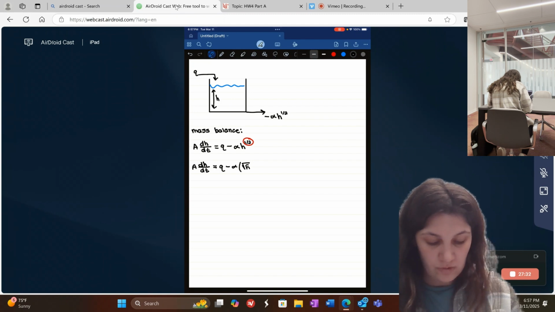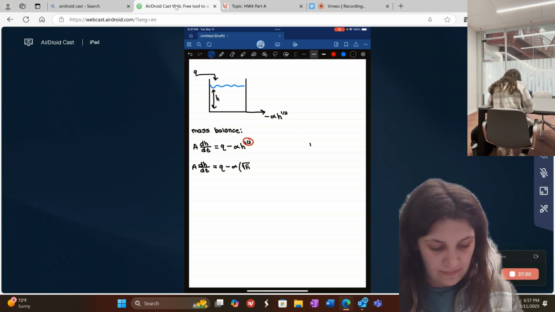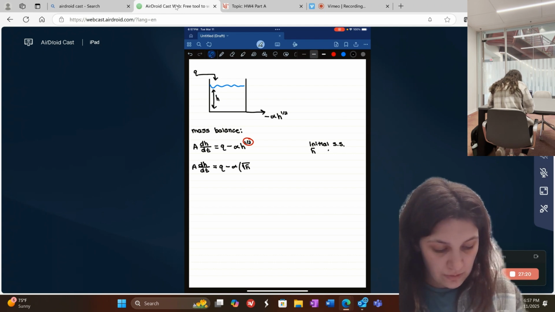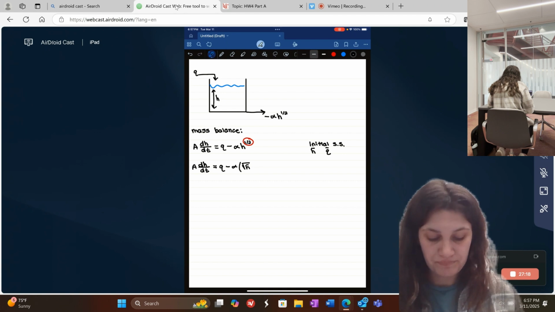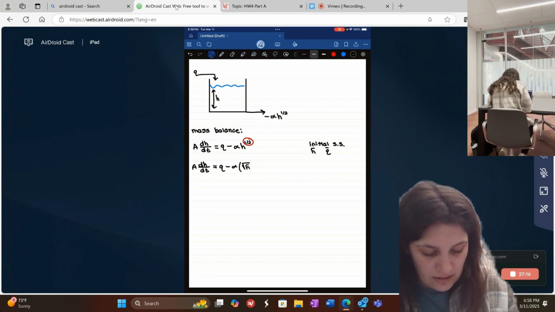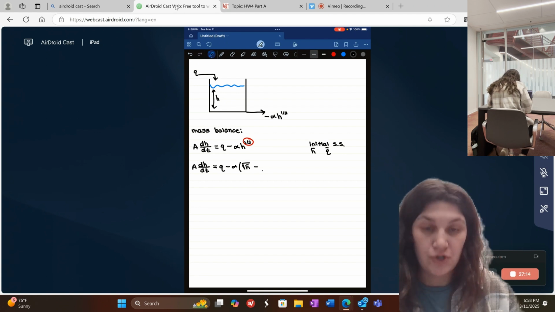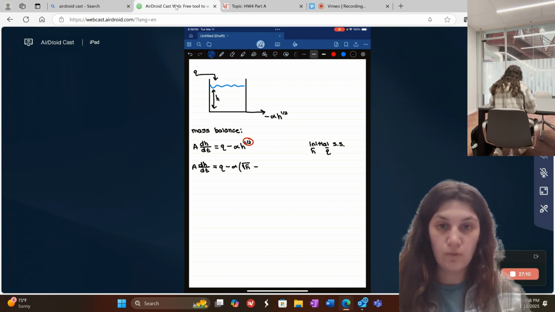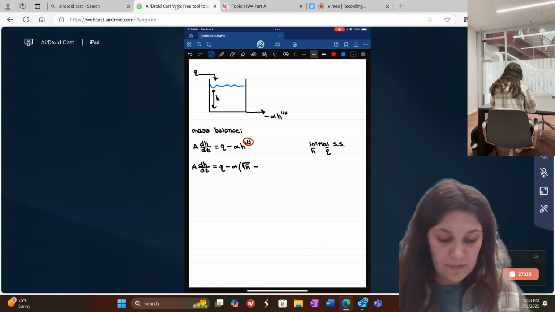And we're going to define some variables. At initial steady state, we're going to call our h bar and our q bar. And then we're going to finish off the Taylor series expansion by taking the derivative at initial steady state.